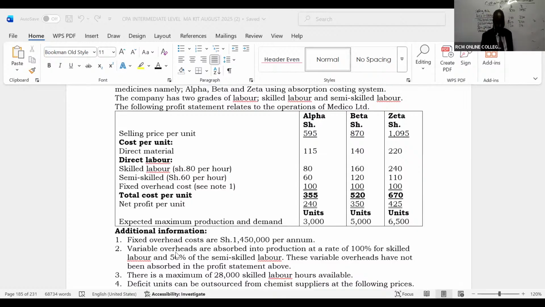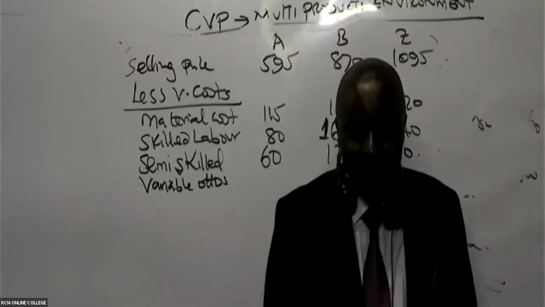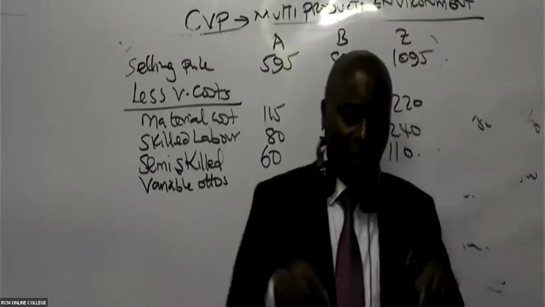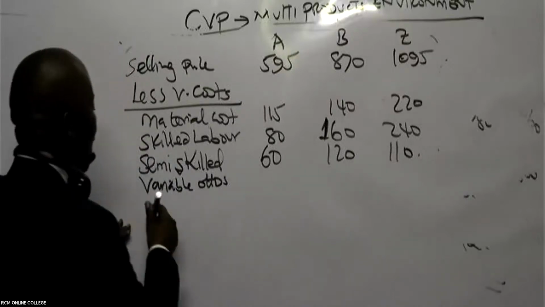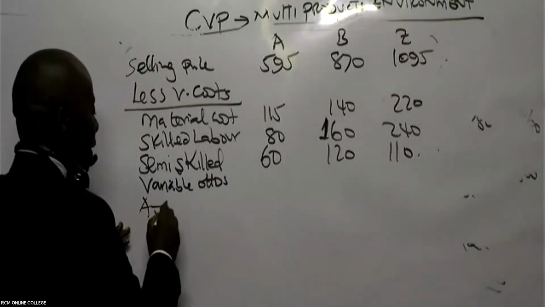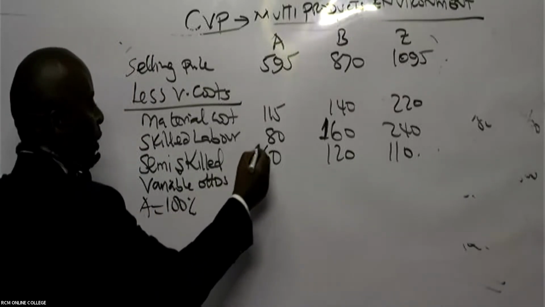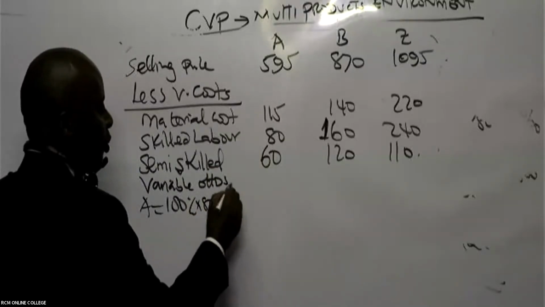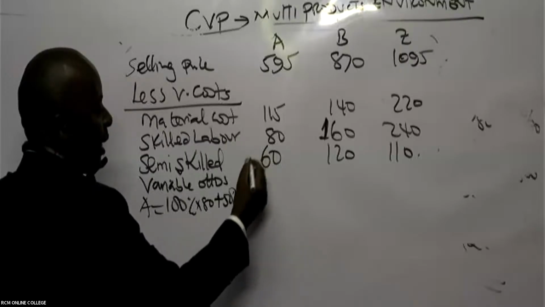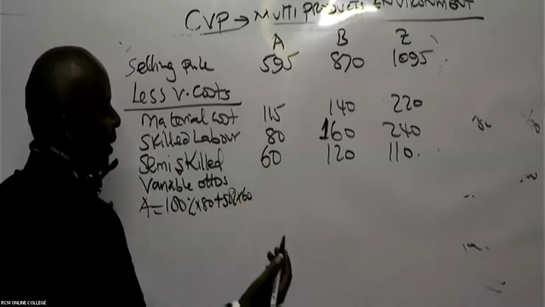I like those yeses. The question is, come December 2nd, when we'll be doing your exams, will I be in your examination room? Anyway, this is not an examination room, so I have to show you. So for A, they have told you it's very easy. You take 100% of skilled, 80, and then 50% of semi-skilled, 60.